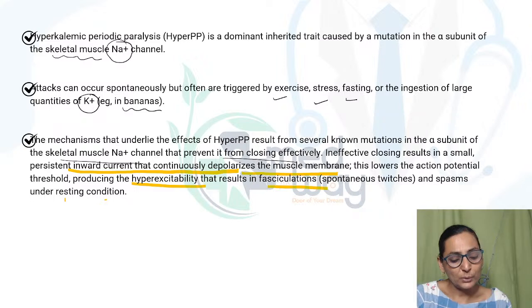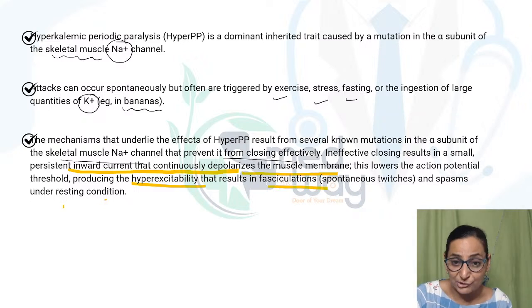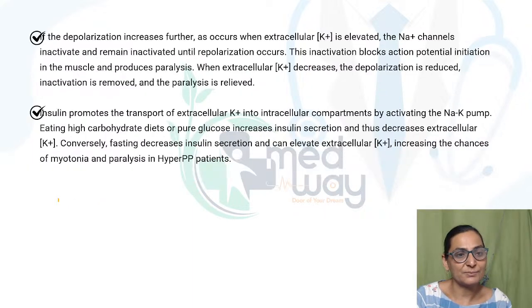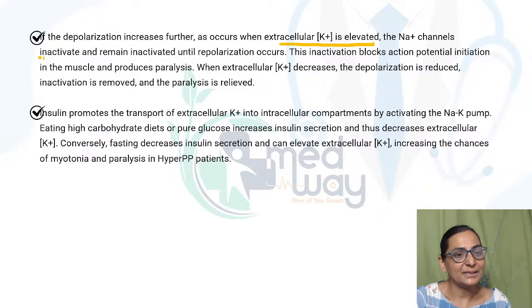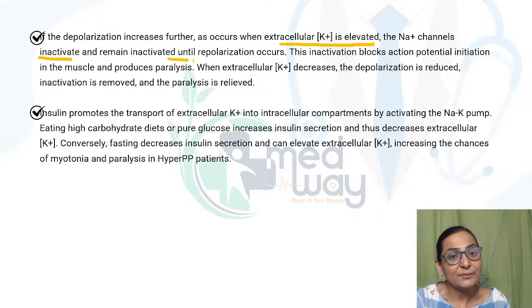So even though it is called hyperkalemic periodic paralysis, there is a mutation in the sodium channel. And with depolarization, what will happen? The ECF potassium level will get elevated, the sodium channels will get inactivated, and once they remain inactivated, they will remain so until repolarization.